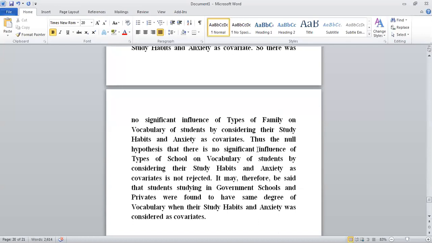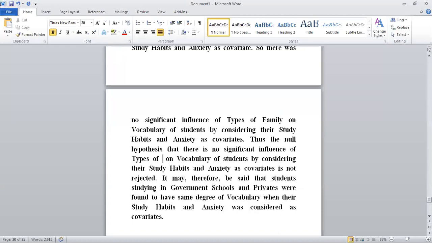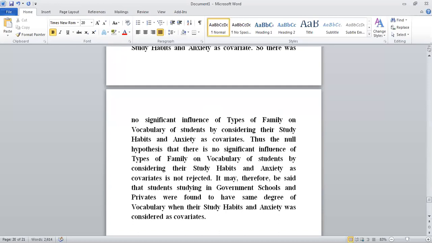Thus, the null hypothesis that there is no significant influence of types of family on vocabulary of students by considering their study habits and anxiety as covariate is not rejected. So the moment I am writing is not rejected means the hypothesis has been tested.